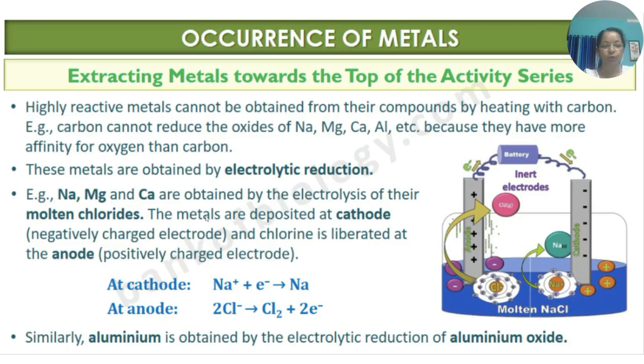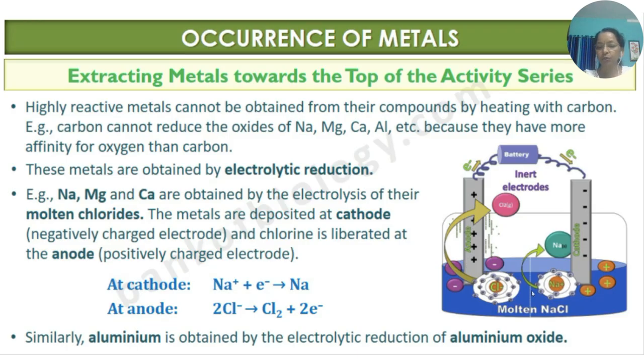For example, what is shown here is extraction of sodium from the ore sodium chloride. So we have taken molten sodium chloride as an electrolyte. Remember, it is not aqueous, only molten. So only two ions will be there in the electrolyte, Na plus and Cl minus. Na plus, being a cation, will move towards the cathode, and Cl minus, being an anion, will move towards the anode.